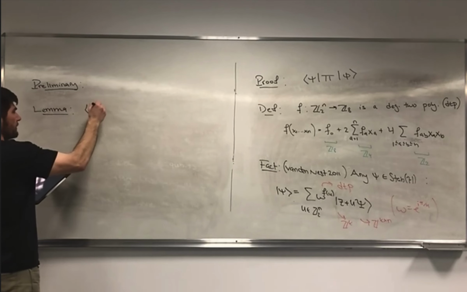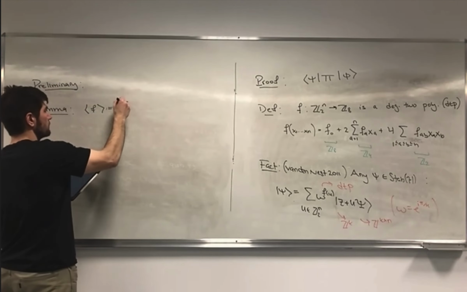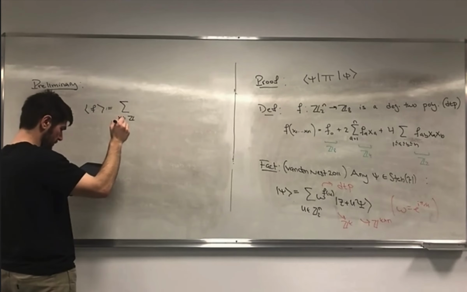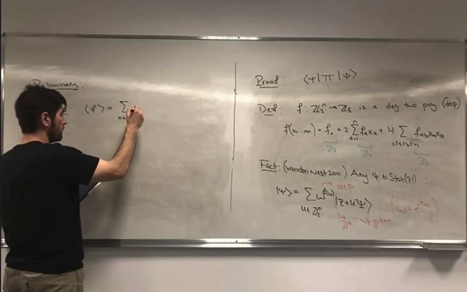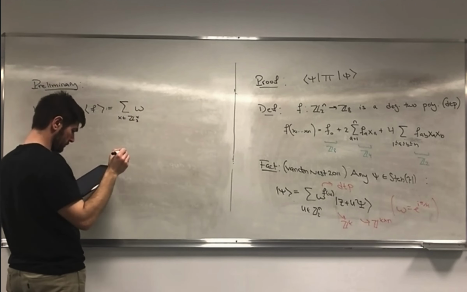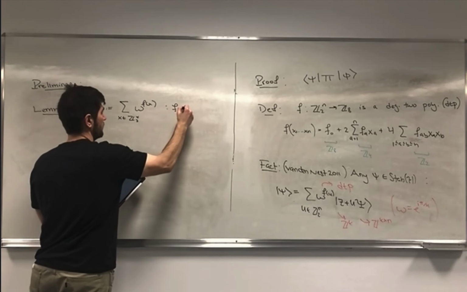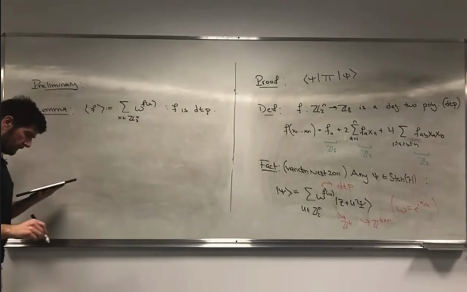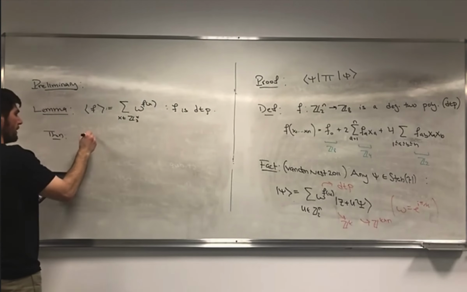If we define f bracket as being the following, sum over x an element of Z_2 to the k of omega to the f of x, where f is a degree 2 polynomial, then we have the following.